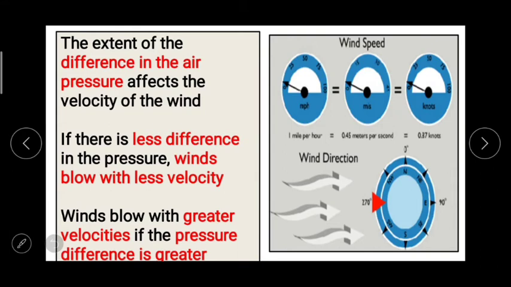The extent of the difference in the air pressure affects the velocity of the wind. If there is less difference in the pressure, winds blow with less velocity. And if the difference is greater, then winds blow with greater velocities.